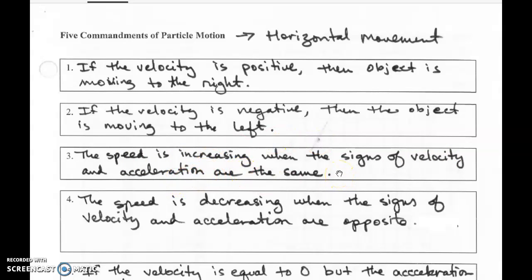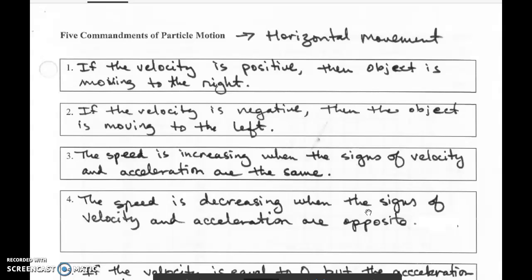Think about if you're in a car and you have a positive velocity and you step on the accelerator, then both your velocity and acceleration are positive and your speed is going up. Now, if you are driving in a car and your velocity is positive and you press the brake, acceleration would be negative at that moment. Well, if your velocity is positive and you hit the brake, your acceleration is negative, your speed slows down. So that's why the signs, if they are opposite.